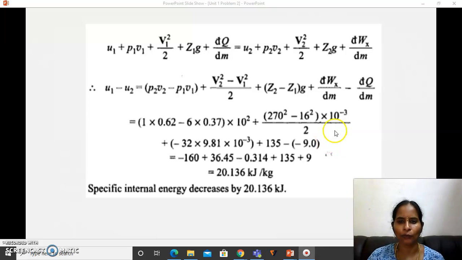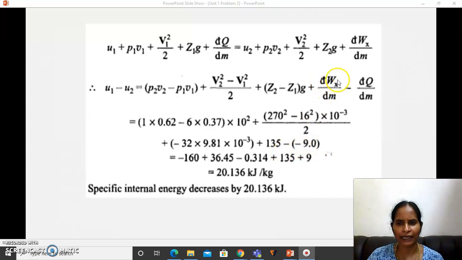Why have so many conversions taken place, like into 10 power 2 and into 10 power 3? If it is in kilojoules you have to match the unit with the other terms if they are in joules. I already told this in my videos which explained SFEE. So just the substitutions and the unit conversions.